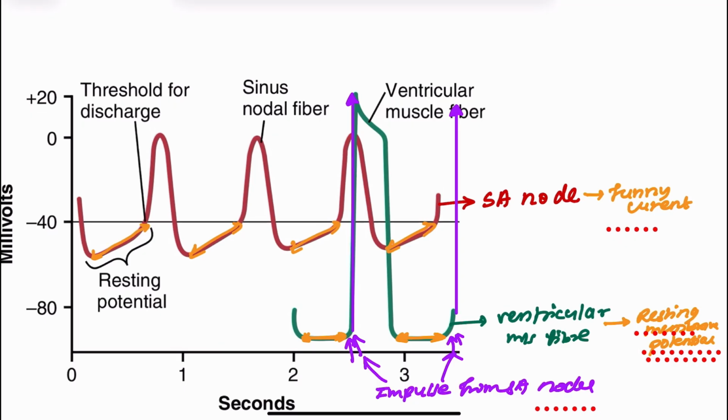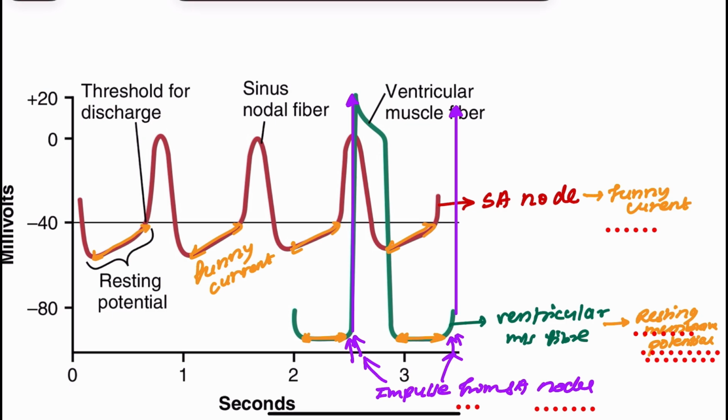From this comparative graph, we can understand that this funny current is what is leading to the automaticity of SA node. It does not require any external stimulus. There is no resting membrane potential for the SA node, and therefore it beats on its own.